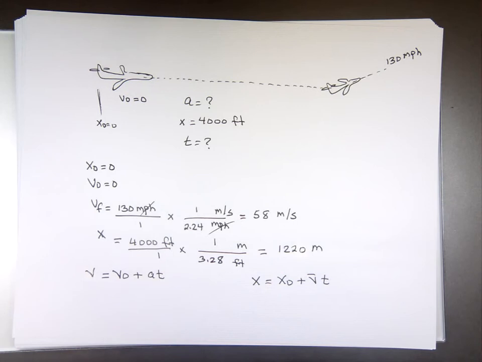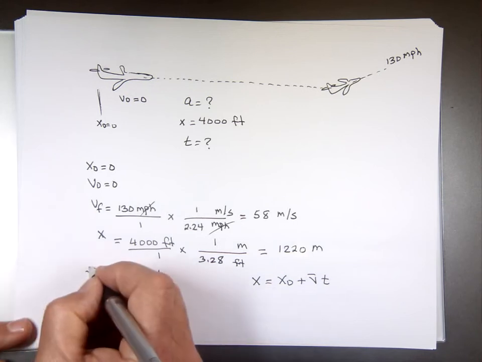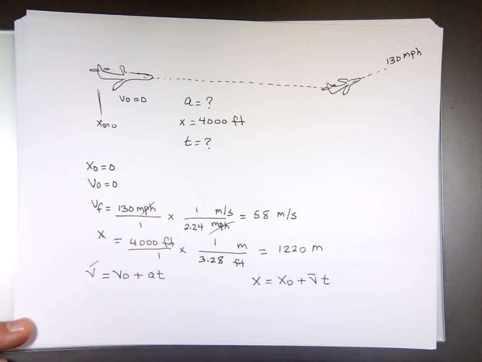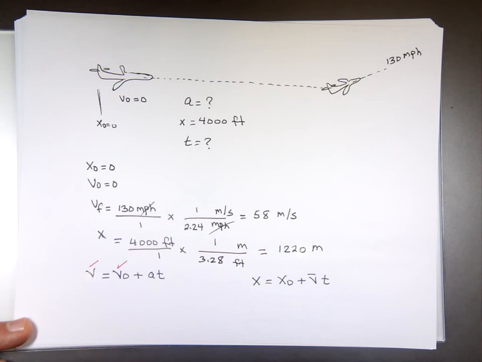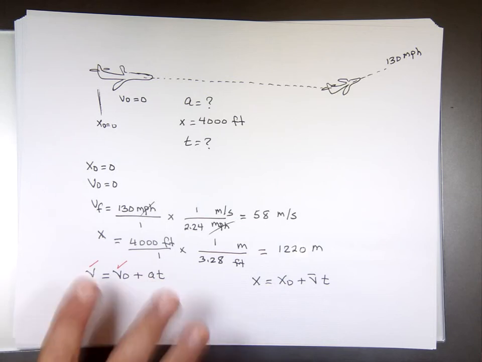Do we know the final velocity? Yes. Initial velocity? Yes. The acceleration? No. The time? No. Not even Einstein can solve one equation that has two unknowns in it. There's two unknowns here, A and T. So right now that doesn't help me yet.